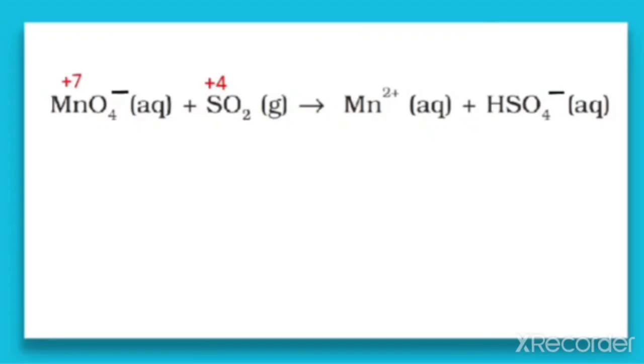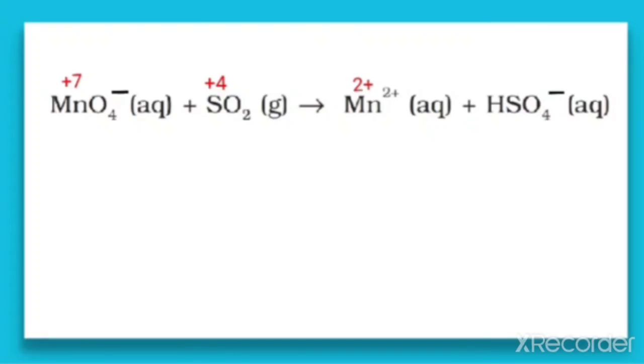Next, for Mn2 positive, because it is an ion, its oxidation number is equal to its charge. So +2 is the charge, therefore the oxidation state of Mn in Mn2 plus is +2. I am writing it once again so you don't get confused.